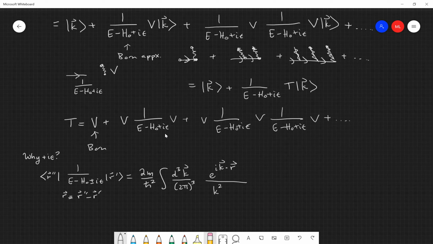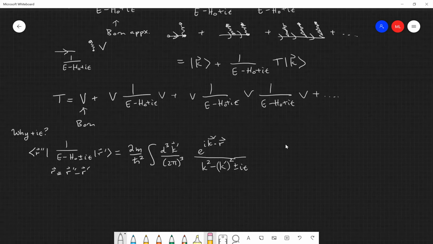That's from e minus k, or let's call this something else, maybe k prime. So this is the magnitude of k squared plus or minus I epsilon.